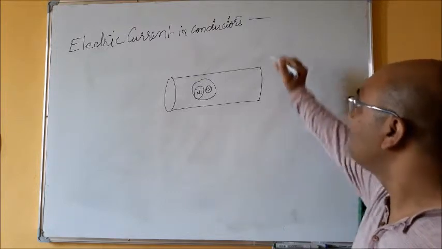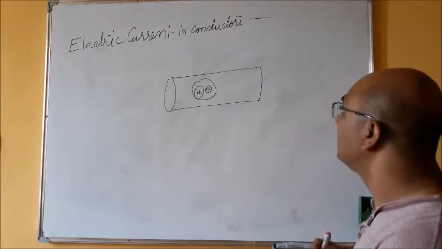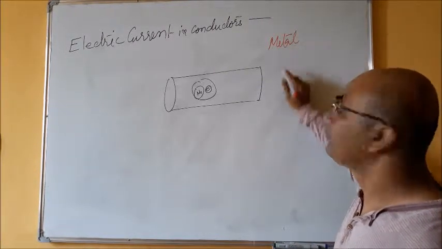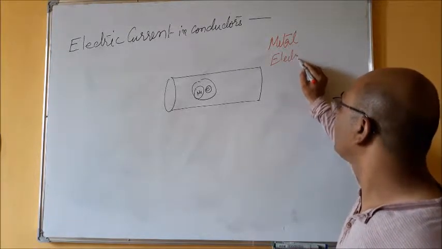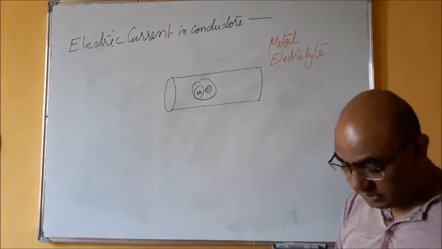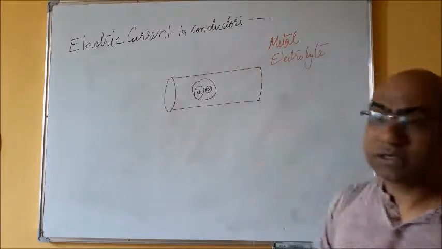Now what happens if we are talking about conductors? Normally conductors may be of two types, metal type or electrolyte type, right? What is the difference between metal type conductors and electrolyte type conductors?